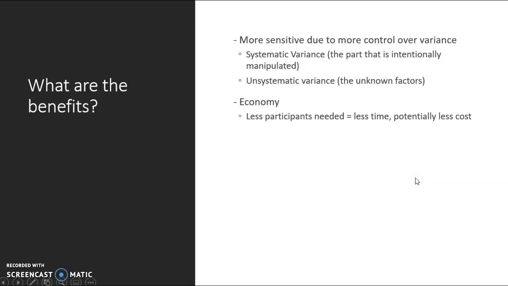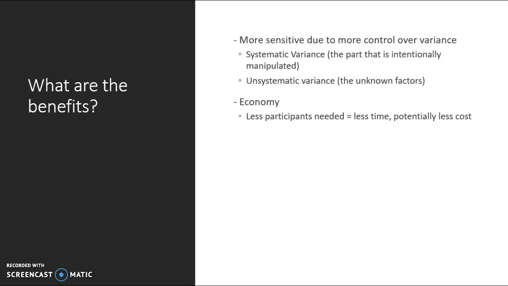So the reason that we would use the same group of people, there's actually several. It can be more sensitive because you have more control over your variance. Your systematic variance is the part that we intentionally manipulate, the pills in that example.